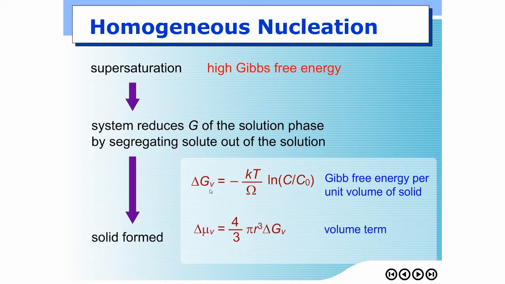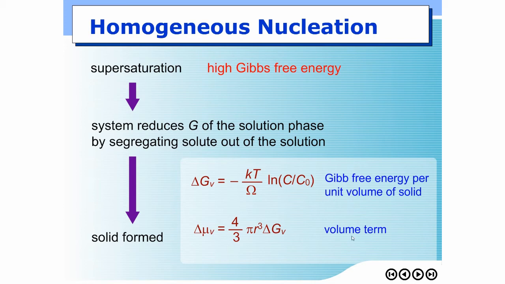If I put this delta G and multiply by the volume of the solid form, solid particles, assuming the particles to be spherical, so the volume of particles is 4 over 3 pi r cubed, multiplied by the energy per unit volume. That would be total energy for the nucleation process, or the total energy change, basically, for the precipitation process.